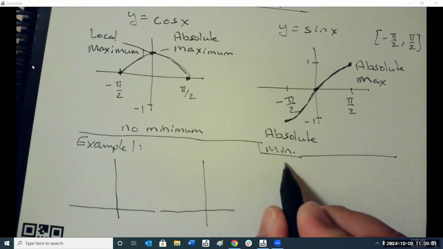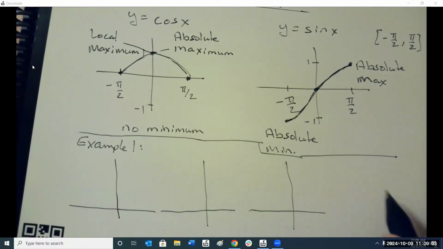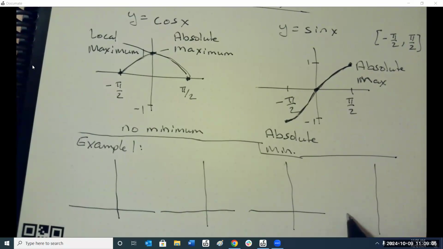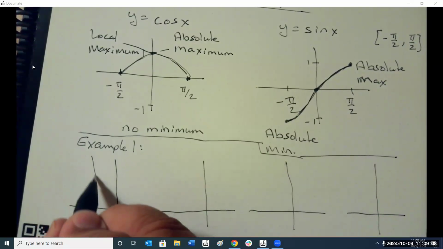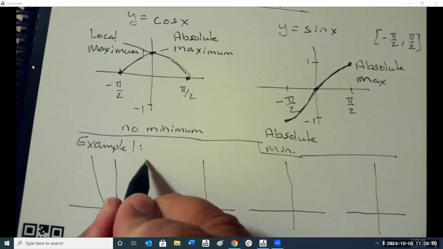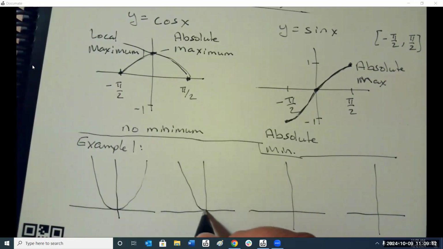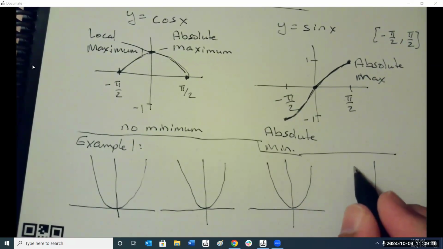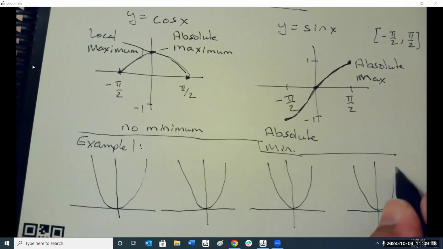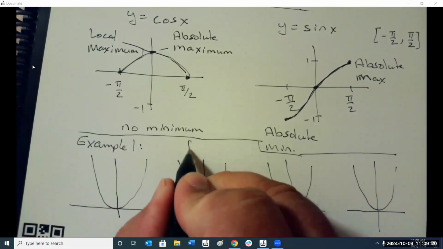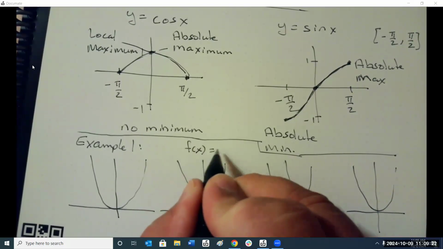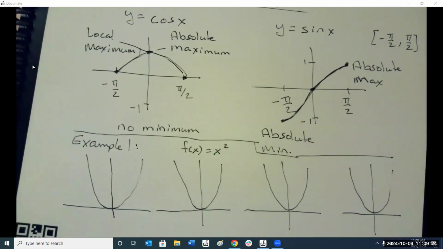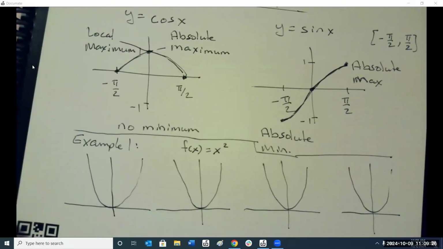They're all going to be the same function, but we're going to approach it from different intervals. The function is the quadratic equation, x squared.